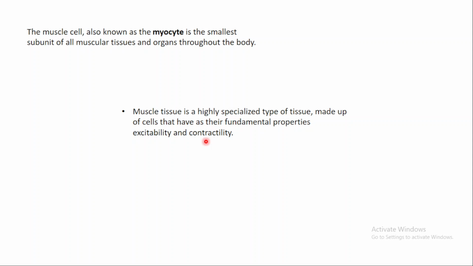There is a signal from our nerve cells or neurons which enters the muscle cell and gives its command to contract or relax. So the muscle cell or myocyte needs to be excitable, because only then can the neuron signal the muscle cell, and it also needs to have this contractile property, where the myocyte can contract or relax, which leads to muscle contraction or movement.